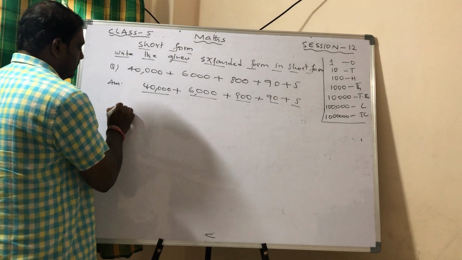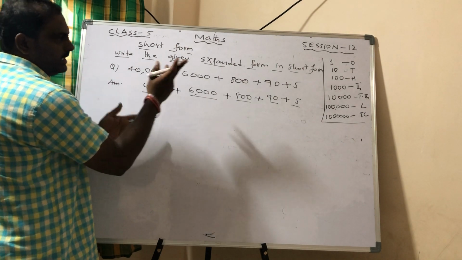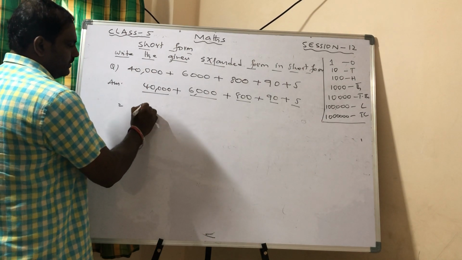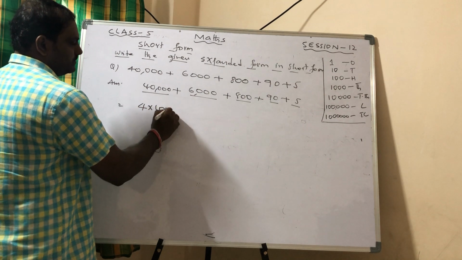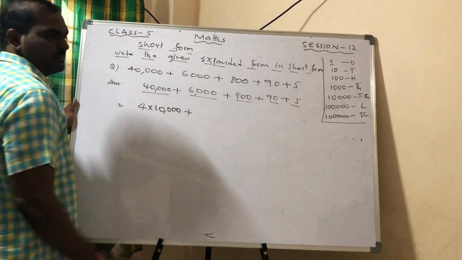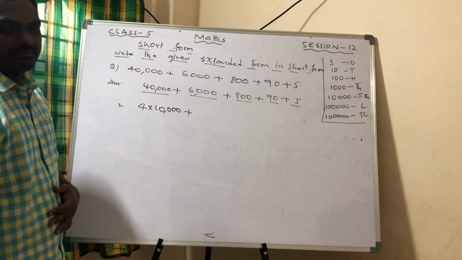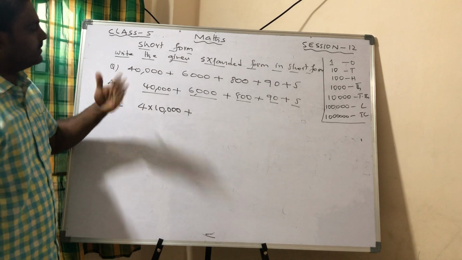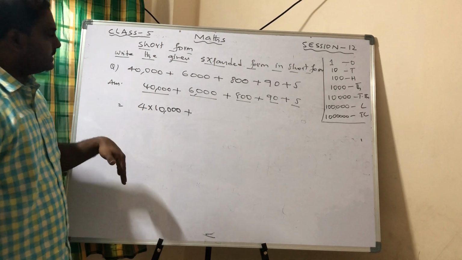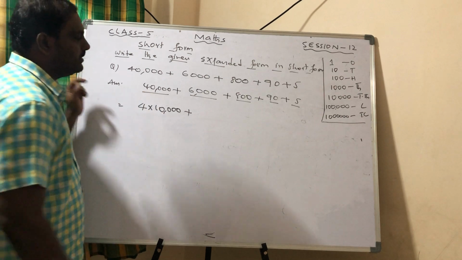Next, we have to write in terms of 10,000. So I'll write 4 into 10,000. In the previous step, what did we do? 4 into 10,000, we wrote 40,000. In this case, we have to write 40,000 as 4 into 10,000.